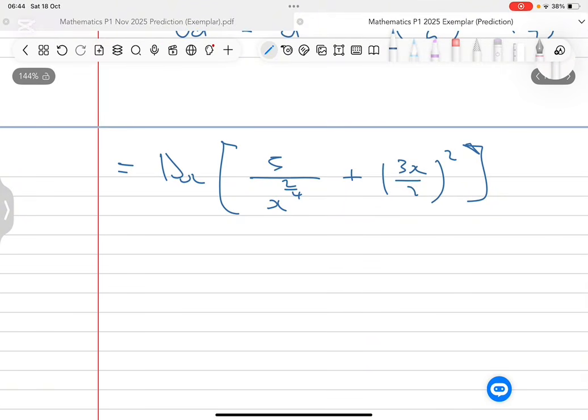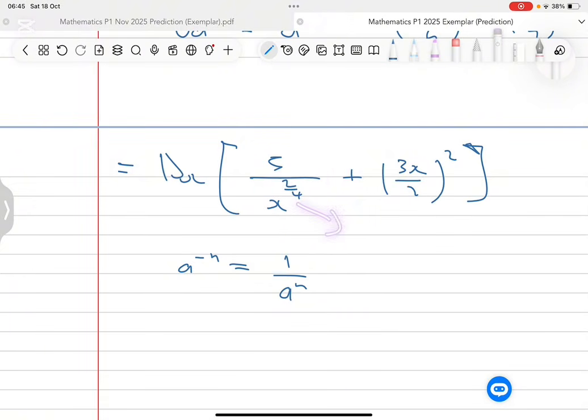Now, the next step following this really is to use the rule that says if you have a to the power, let's say, negative n, this is the same as having 1 over a to the power n. Now, I'm going to do the reverse of this rule for this. I'm going to take this to the top so that it becomes negative now.